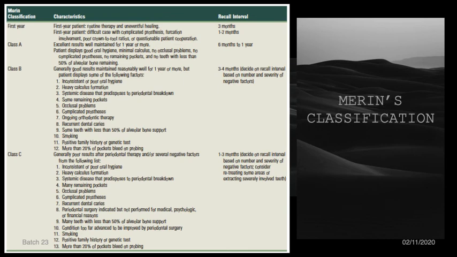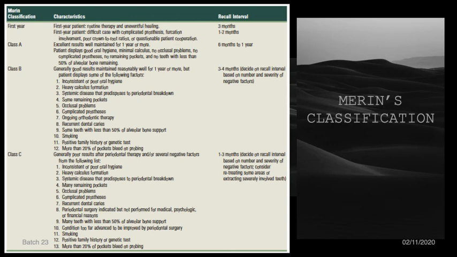Again, at every recall visit, every maintenance visit, you have to reassess the characteristics and you can modify the class of the patient. So if you put the patient under class B, and after a 3 months interval you see the patient's maintenance is still worse and more teeth are involved with bone loss, then you have to move the patient to class C, where you increase the frequency of callback to 1 to 3 months.